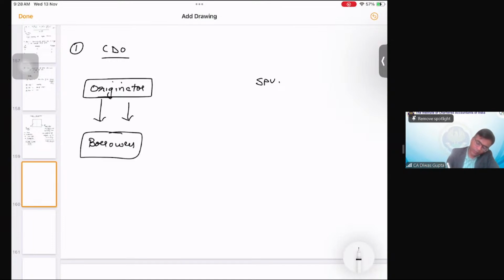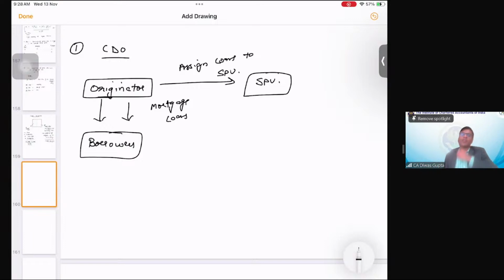In our example, we took them as mortgage loans, right? Then what will originator do? Originator will assign those loans to SPVs. Then what will SPV do here, students? Come on, tell me. SPV will issue securities based on these mortgage-backed loans. Yeah, perfect. So then SPVs will go to the investors and they will issue marketable securities.